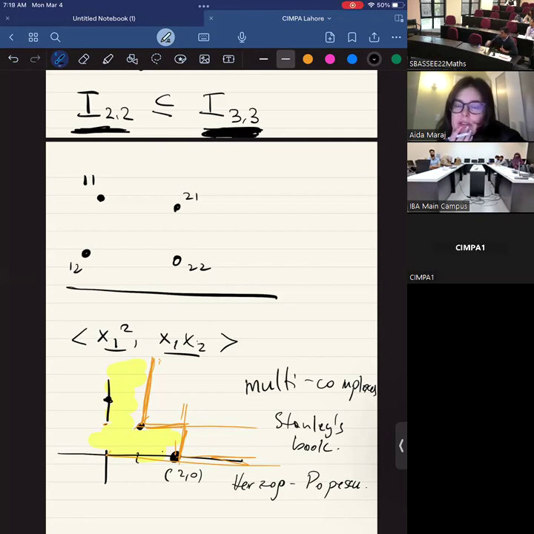Herzog and Dorin Popescu extended the definition of shellability of simplicial complexes to multi-complexes, and in the multi-complex case they used a kind of filtration of the associated ideal.